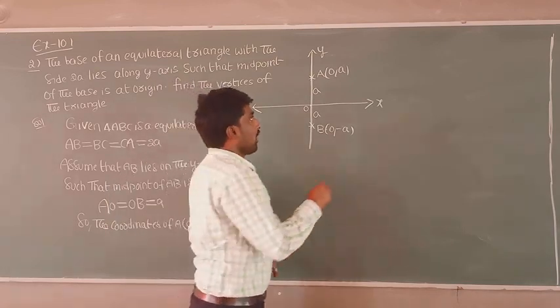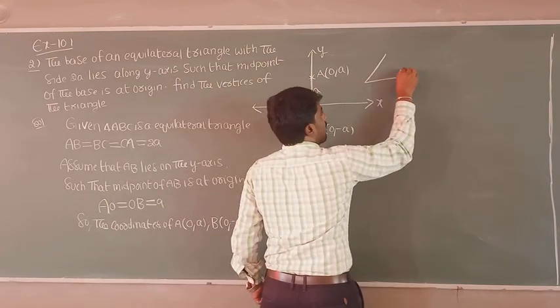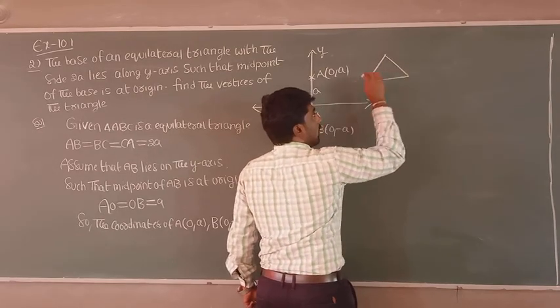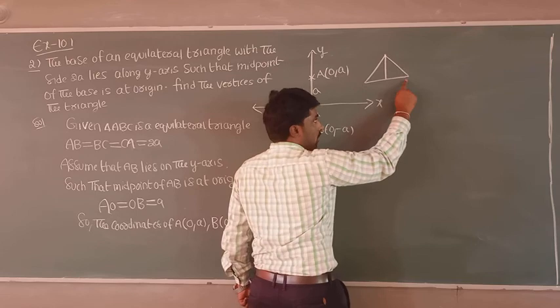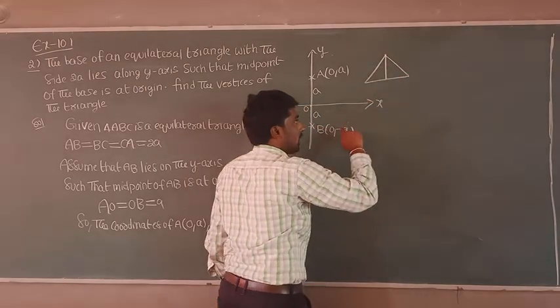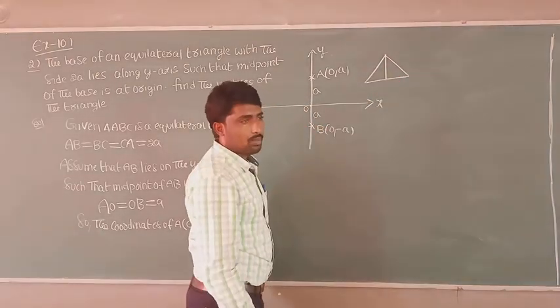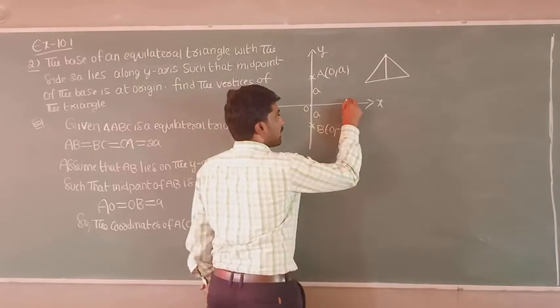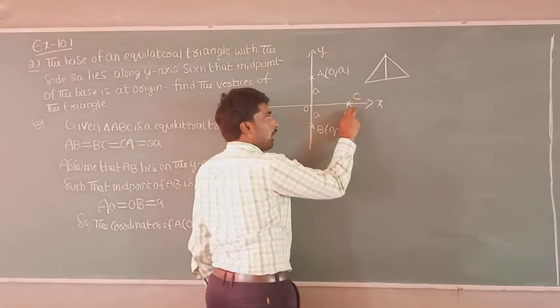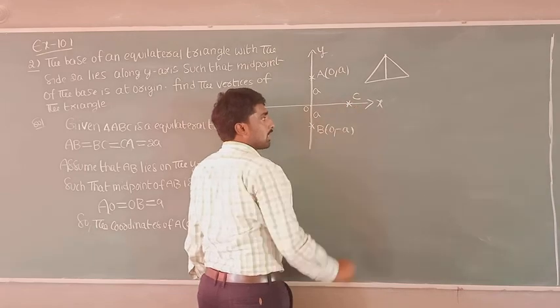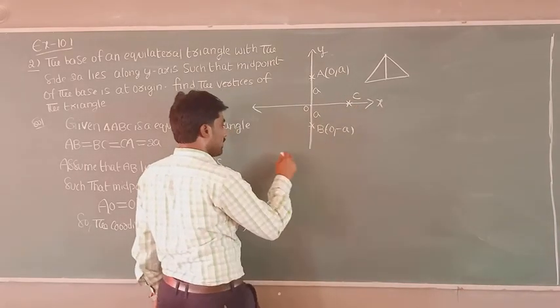If it is an equilateral triangle, all of you listen here, if you draw the median, this median is perpendicular to the base, which means the third vertex lies on the x-axis compulsorily. This is point C. This point C lies on the x-axis.